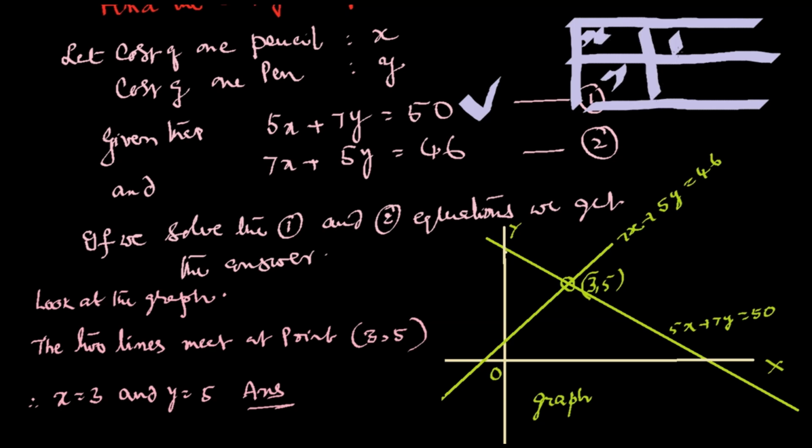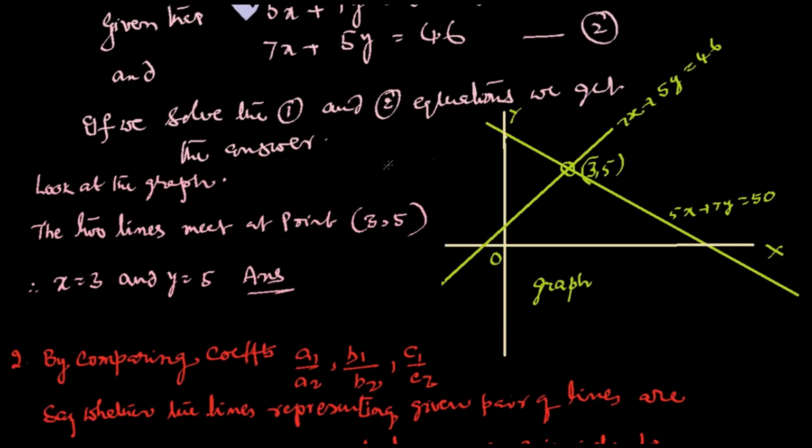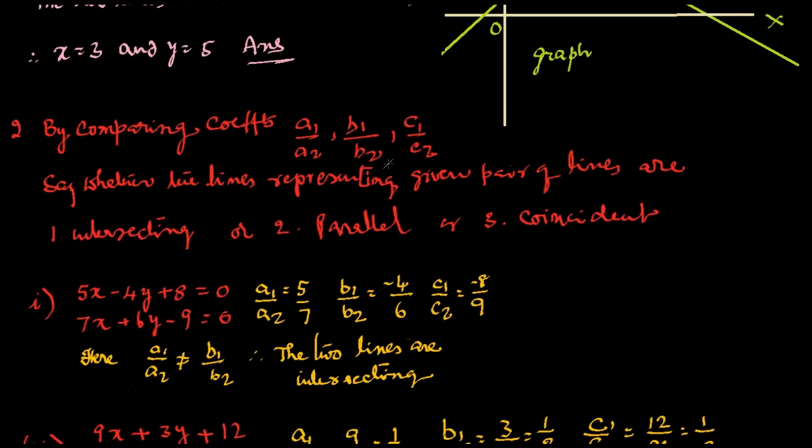Give some value for x, you get a value for y. Plot all those points, you will get a straight line. Actually, take x as 0 the first time, you get y. And then take y as 0 the next time, you get x. These 2 points are enough to plot a straight line.